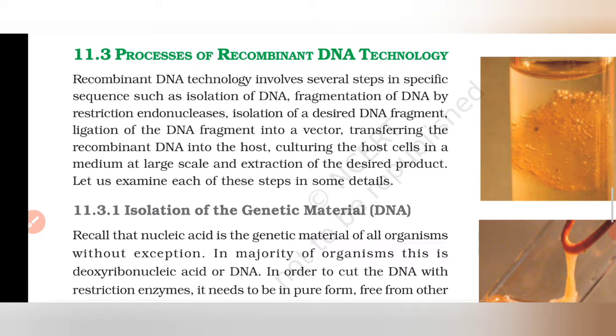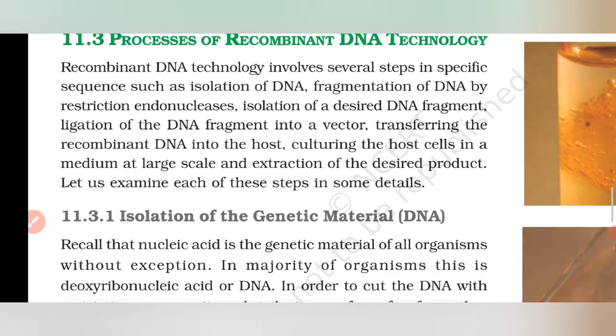Then there is ligation of DNA fragment into a vector and formation of recombinant DNA, and then transferring the recombinant DNA into the host using microinjection in animal cells, biolistics or gene gun in plant cells, and disarmed pathogens in animals as well as plants. Culturing the host cells in a medium at large scale and extraction of the desired product is the next step.